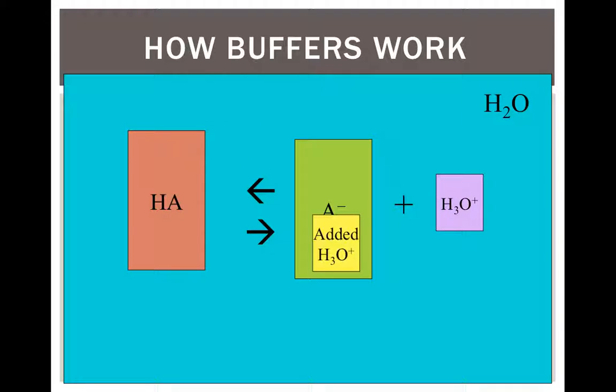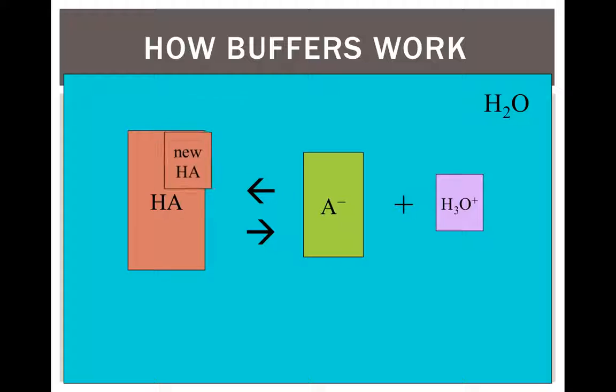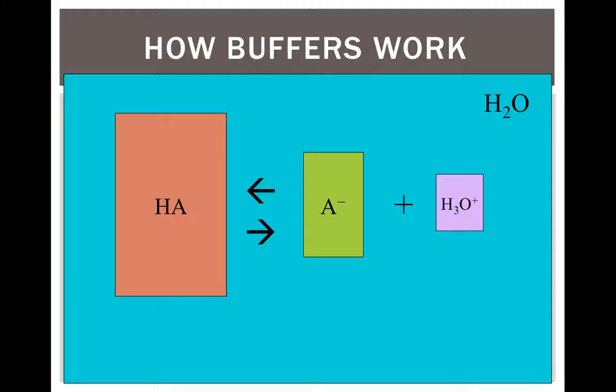If we're adding to the anion, increasing the concentration of the anion, the salt, according to Le Chatelier it's going to shift left. So it's actually going to make more acid. The acid concentration will go up, but notice that the H3O plus stays the same.